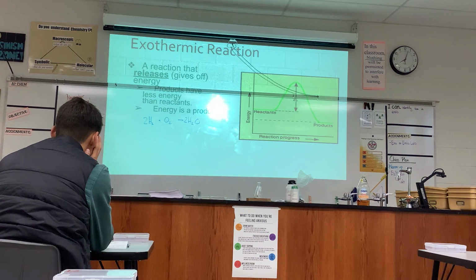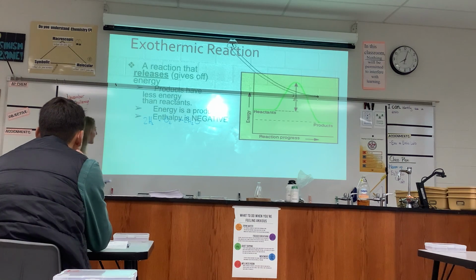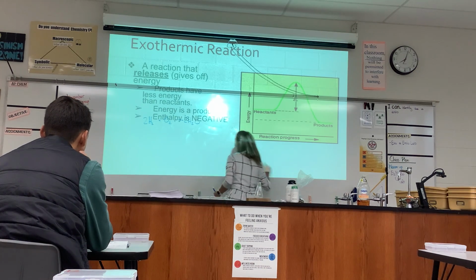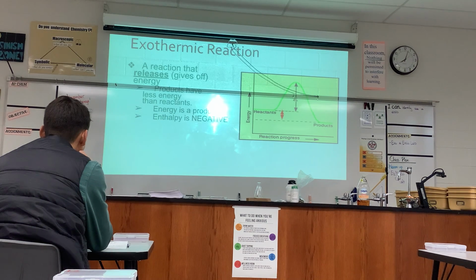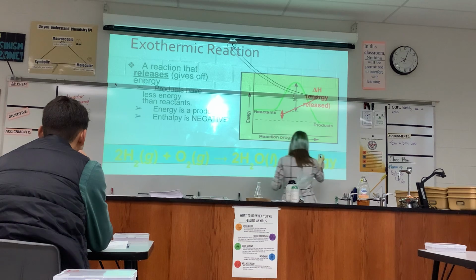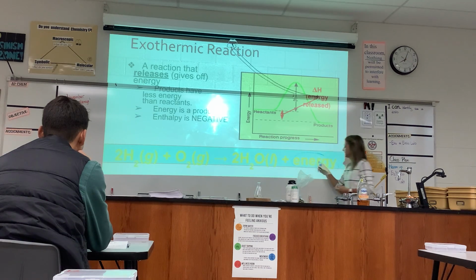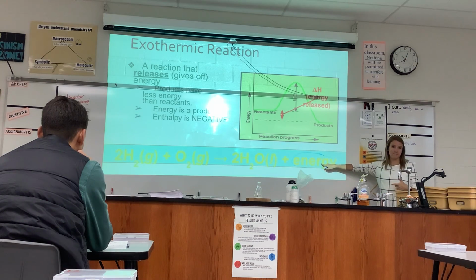Another way that you can do it is sometimes in a chemical reaction, they will write the energy in it. Put my example here, like this. So to help us understand whether it's endo or exo, they'll write the word energy in the actual problem.